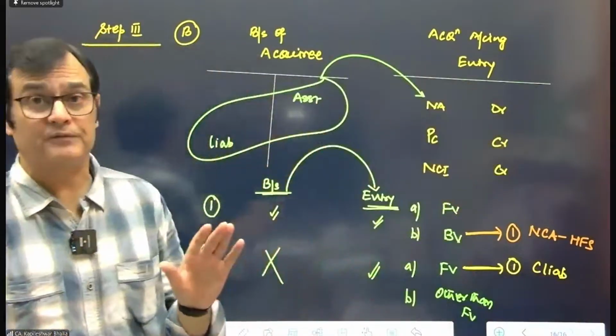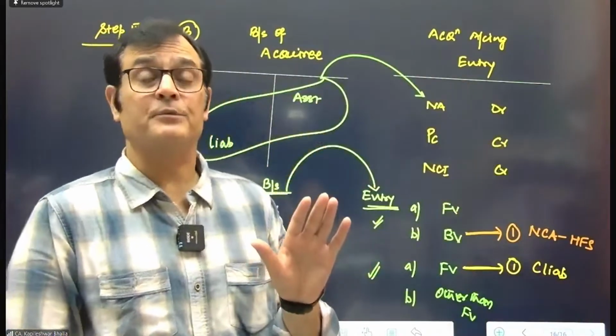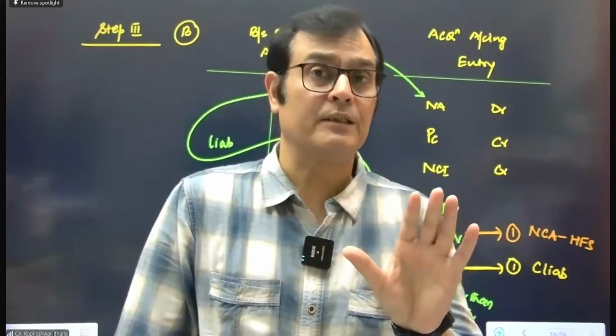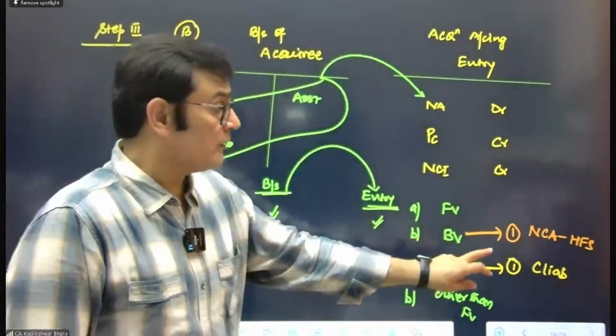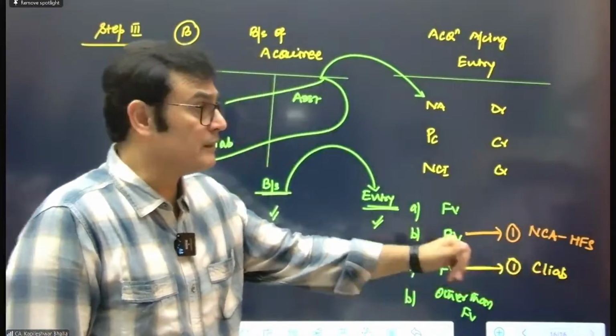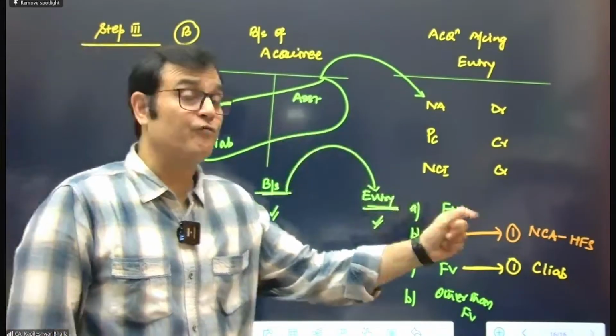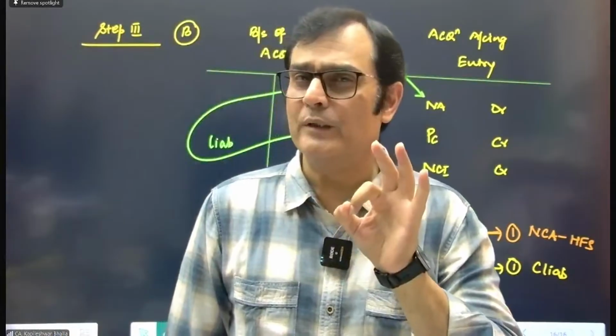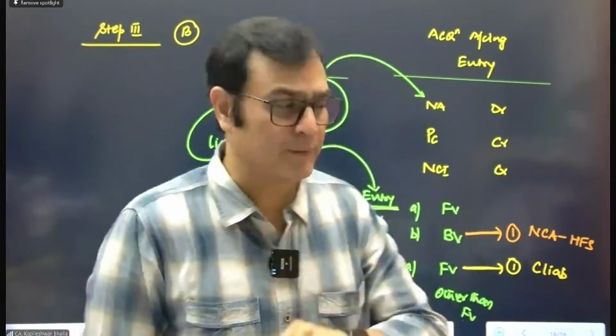The examples which I'm giving you are not exhaustive. I'm just giving you the most frequent kind of examples which you confront. All the contingent liabilities which are not part of the balance sheet of the acquiree will find a place in the acquisition entry at a fair value, including any indemnification assets as well.